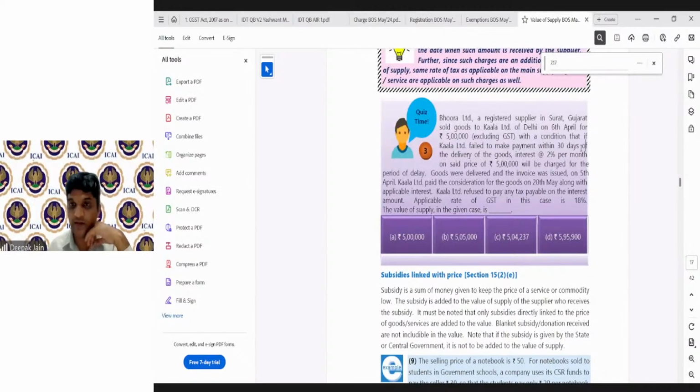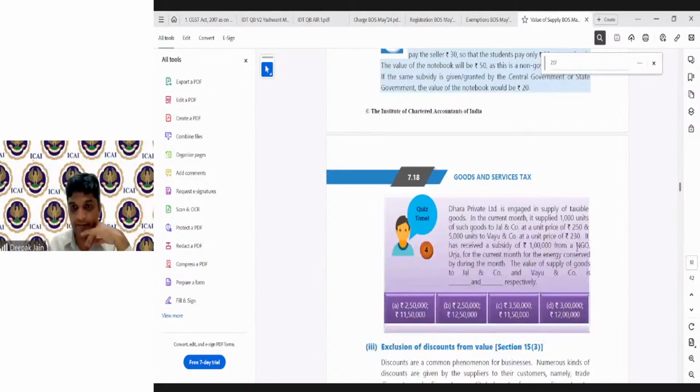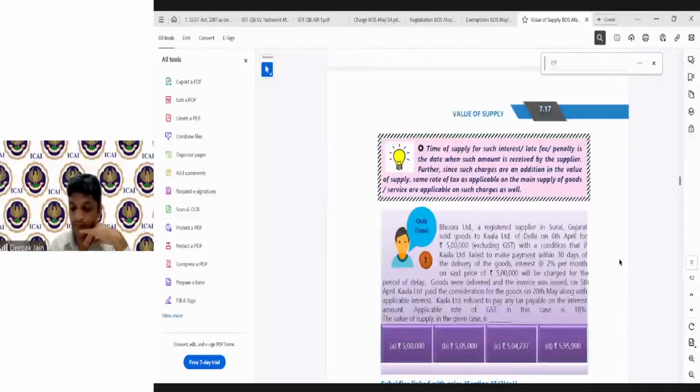into 2%. Okay. Divided by 365 into 15. Five lakh into 2% is the interest, and 2% is per month interest.